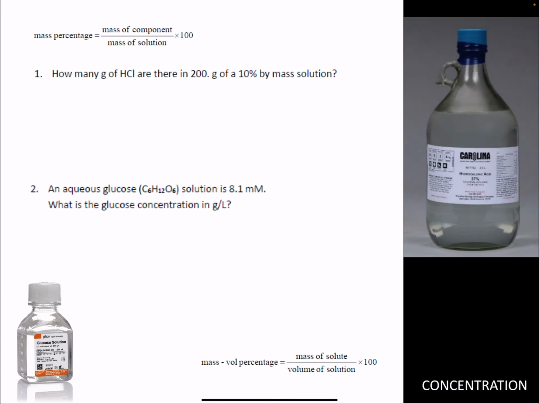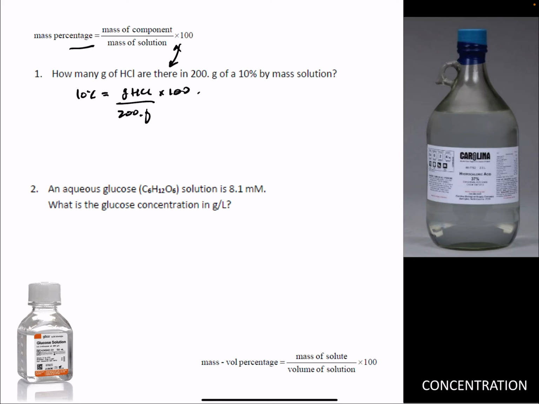How many grams of HCl are there in 200 grams of a 10% by mass solution? So here's my formula. Mass percent, 10%, equals the mass of the component I'm interested in, the grams of HCl, over the mass of the solution, 200 grams, times 100.